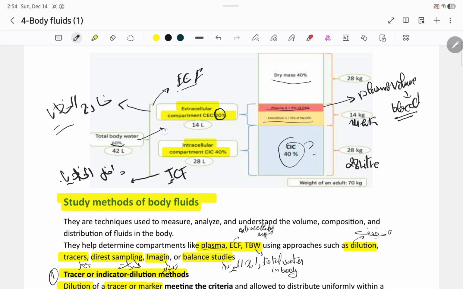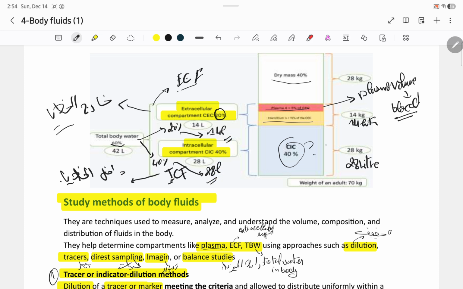It is divided into 20% for the extracellular fluid and 40% for the intracellular fluid or intracellular compartment. And when we count this in liters, it is 40 liters here and 22 liters here. Okay, it's so easy.